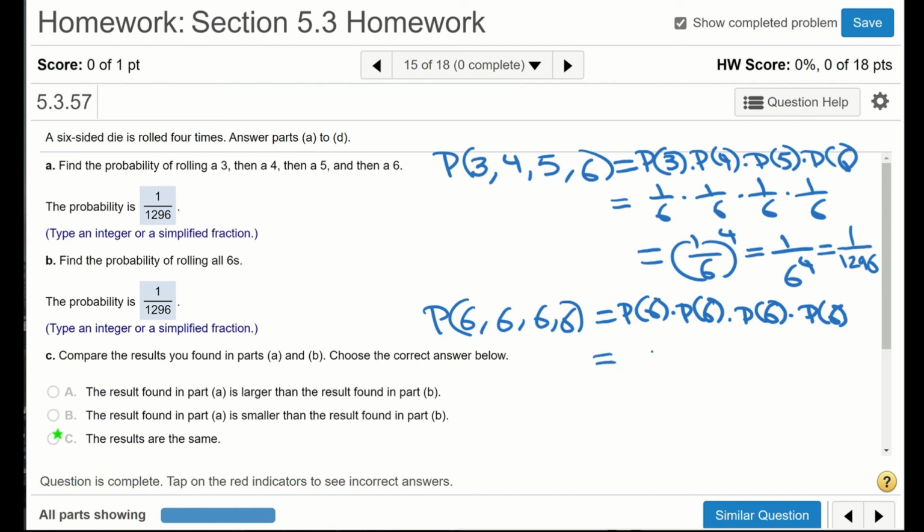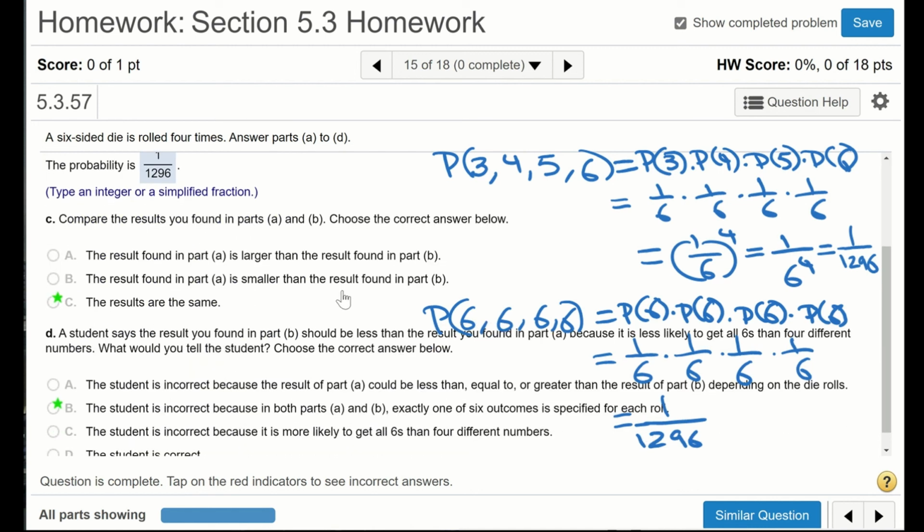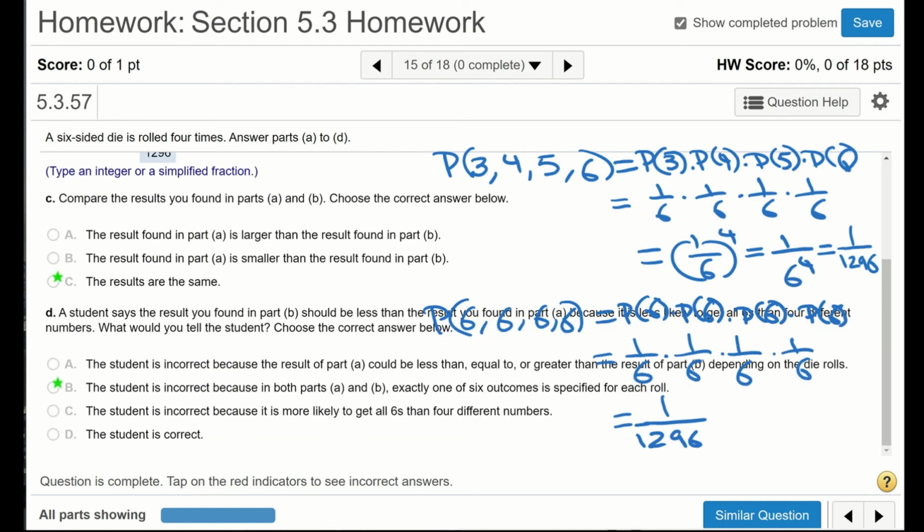These are all going to have the same probability: 1/6, 1/6, 1/6, 1/6. So the exact same result as the previous case. All right. Compare the results. How do they compare? Well, obviously they're the same result.